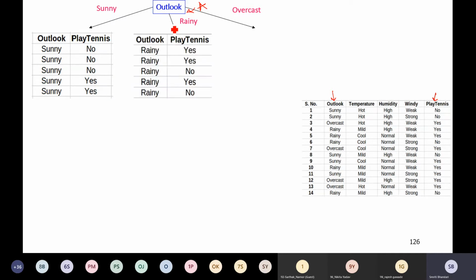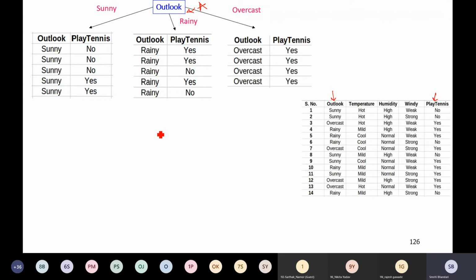Similarly, I'll find the subset where my outlook value is rainy, and the subset of the data set where my outlook value is overcast. So these are the examples in each category. I am having these three subsets now: in the first subset, the outlook value is sunny; in the second, rainy; and in the third, overcast, along with the respective labels.